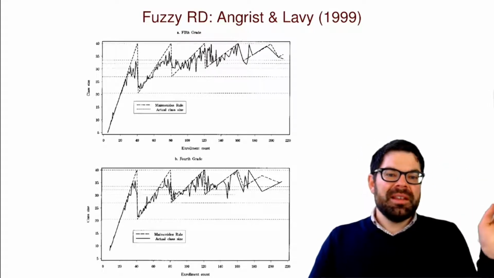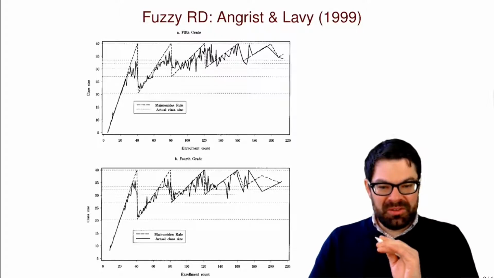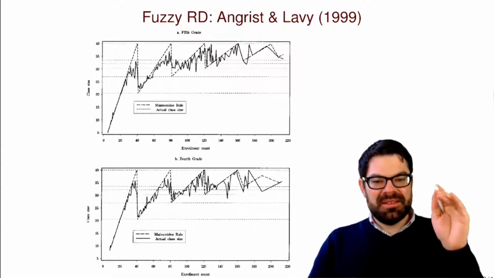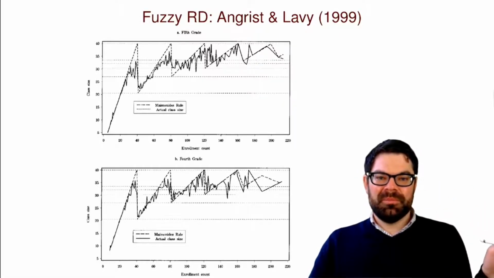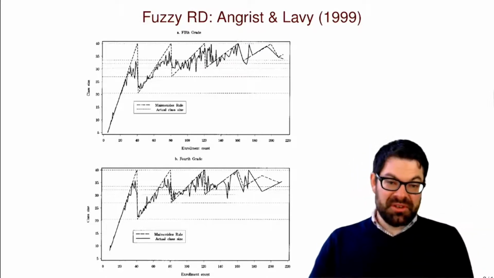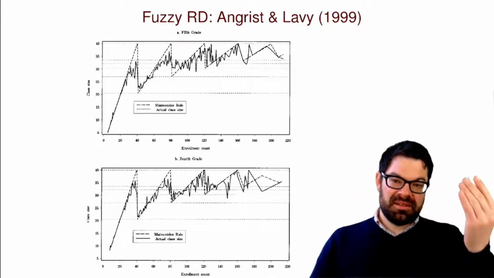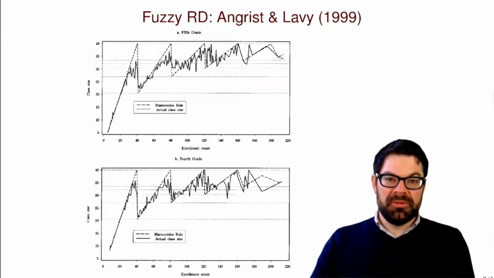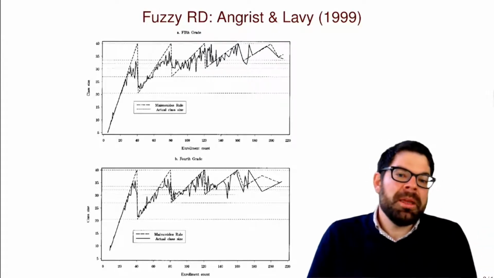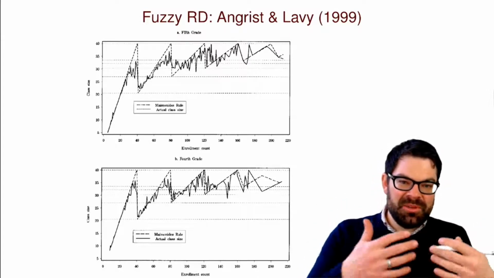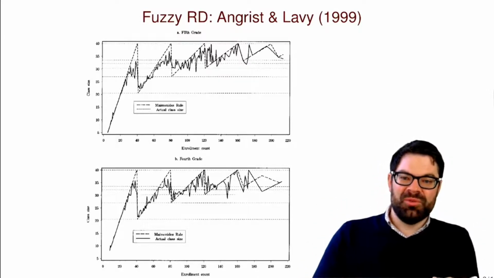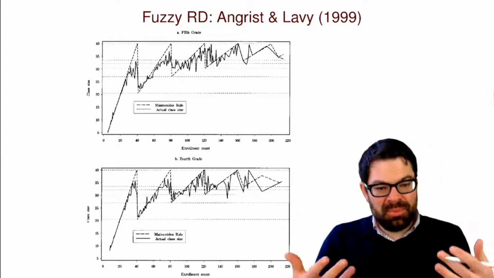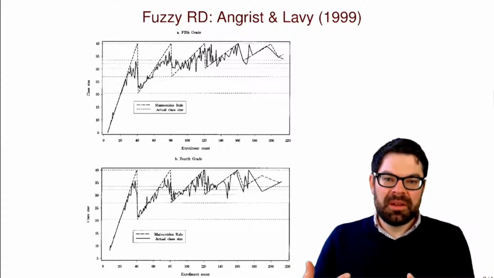That's not exactly how it works, but you can see that the class sizes trace this sawtooth pattern pretty well. So you have discontinuities that are adhered to, but not perfectly so. Why? Because schools obviously want to use their discretion. They don't want to follow this rule all the time, but by and large they do. So you have imperfect compliance with a rule.